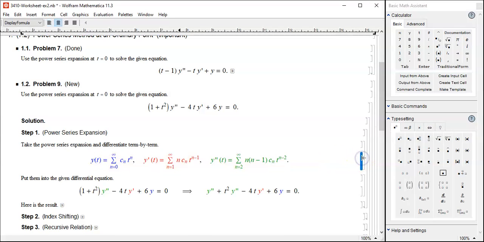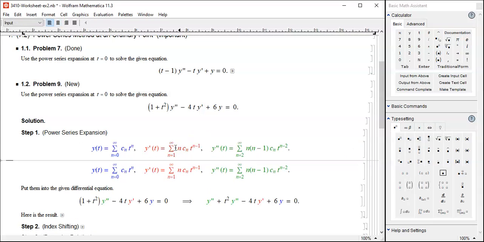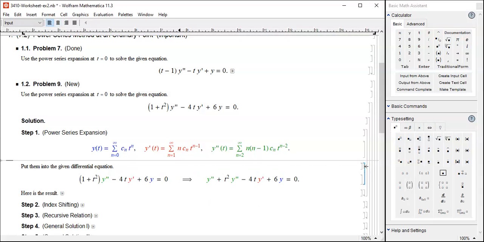But will this make a difference, starting from 1 versus starting from 0? The answer, no difference. Why? Think about that. Okay, we're going to come back to that issue in due time. And let's go back to the problem.